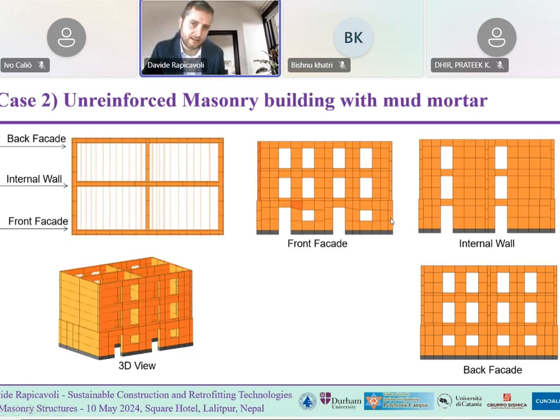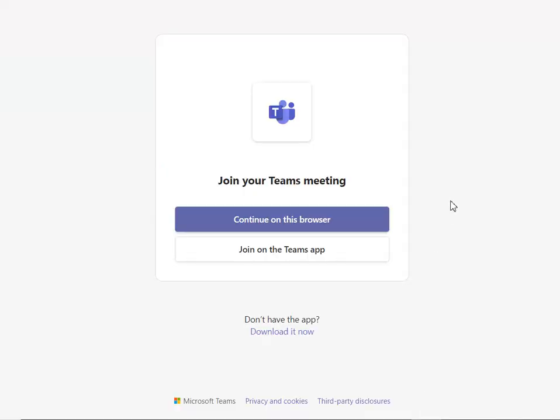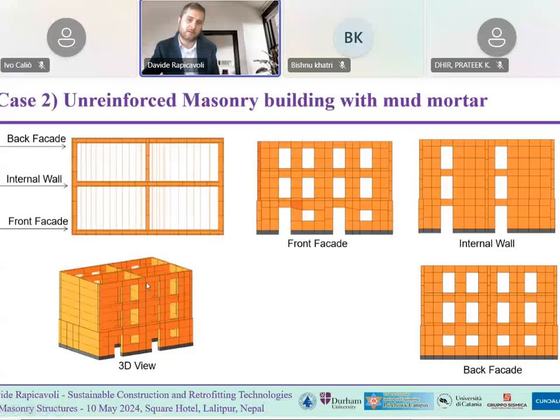And the other condition is when the masonry building is with brick and mud mortar. In this case, the floors are modeled by means of truss elements that connect the two faces, the facades of the building.